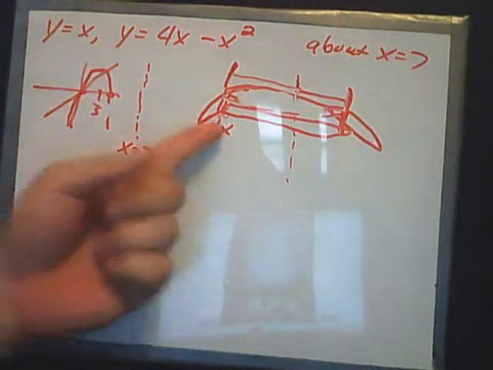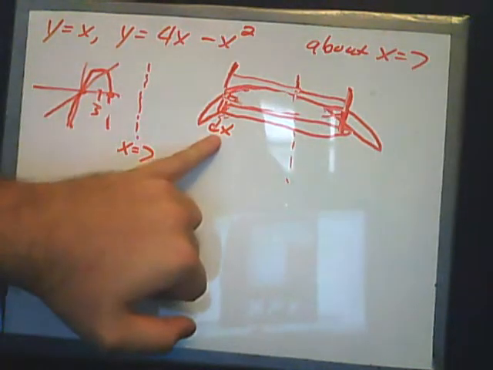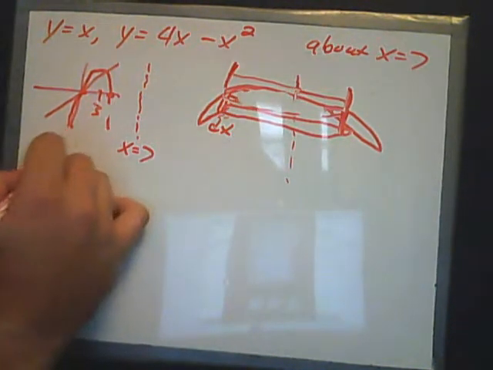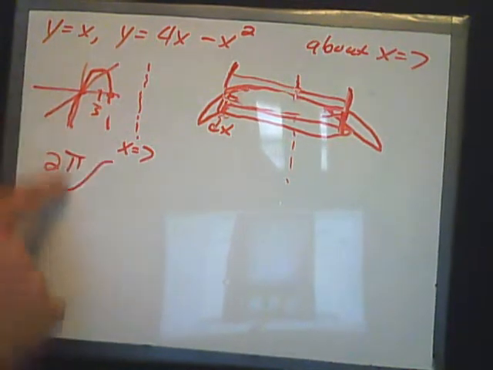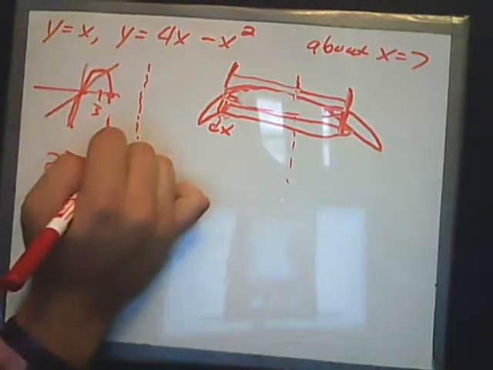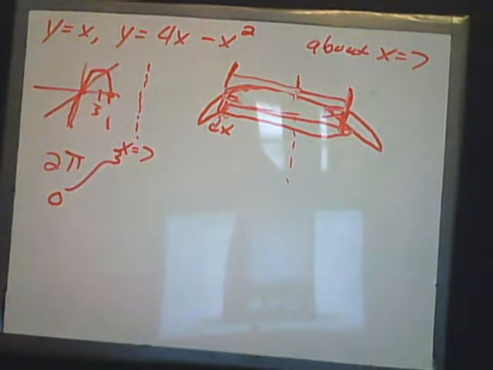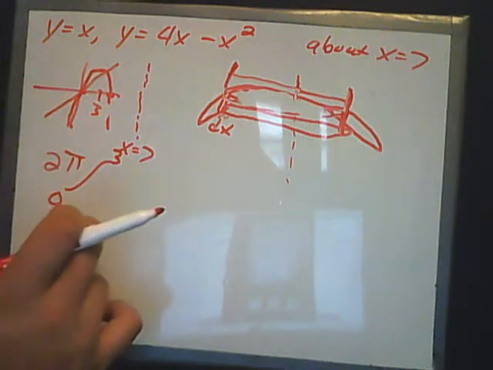And the thickness we already decided was dx. So because we have dx, we know our integral is going to go from our x values of intersection, which we already decided were 0 and 3. So we're going to go from 0 to 3 of now our height.